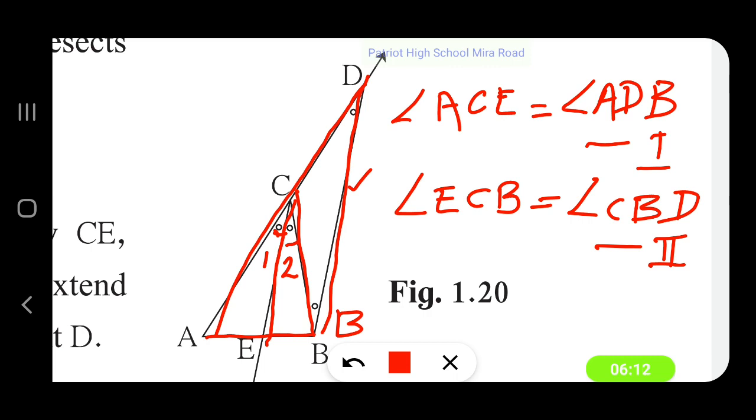What is angle ACE? That is angle 1. And what is angle ECB? It is angle 2. What is angle ADB? It is angle 3. And angle CBD, let us call it angle 4.